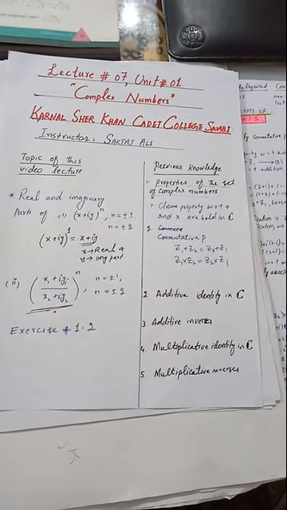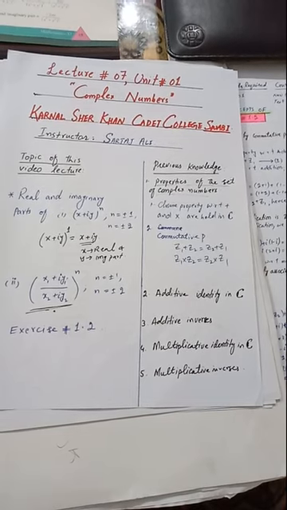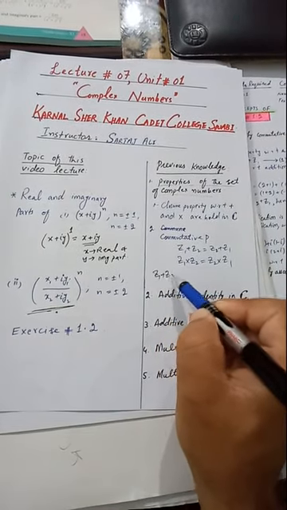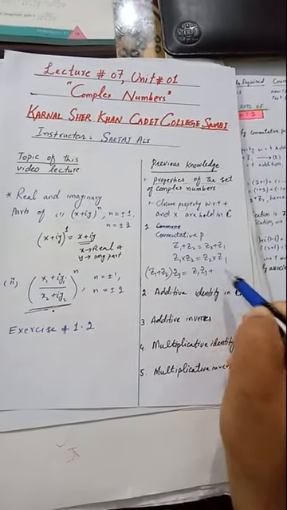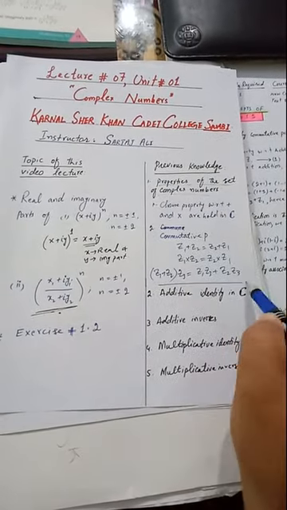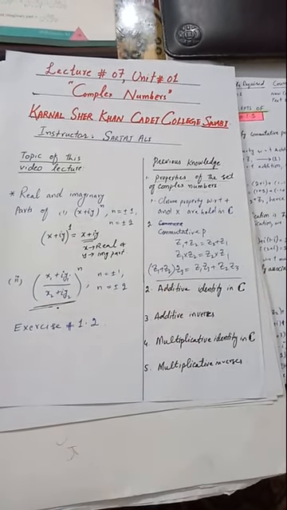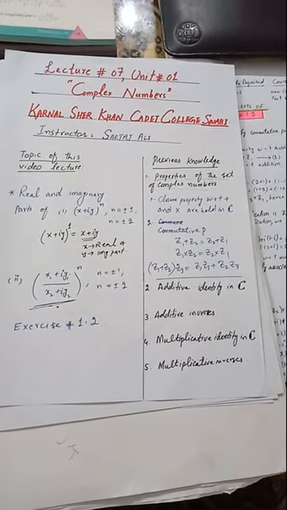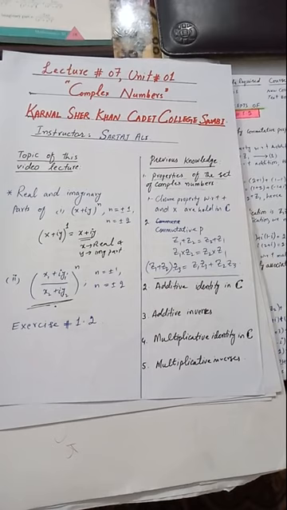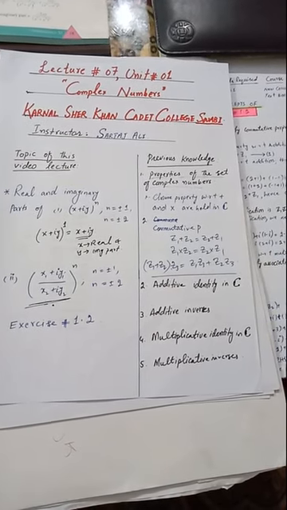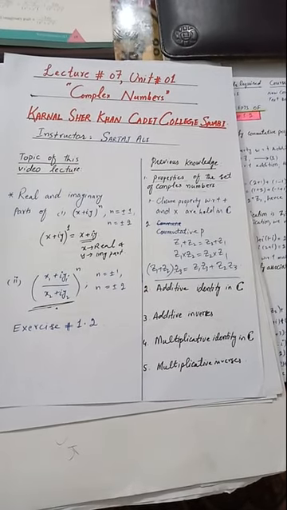And I also mentioned that when a number is multiplied from the right side, for example (z1 + z2) multiplied by z3, which is equal to z1z3 + z2z3, this is the right distributive property of multiplication over addition, and that is given in your first year book.